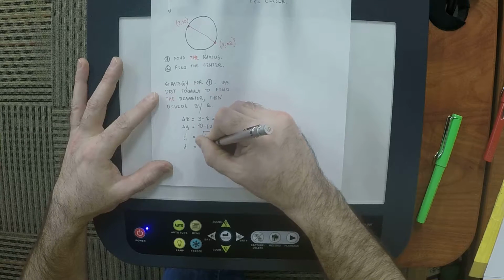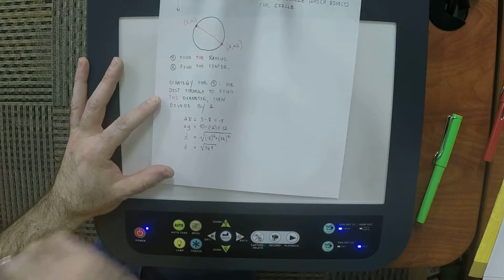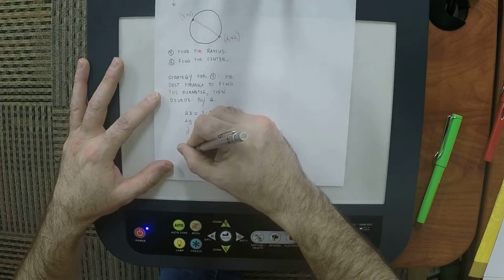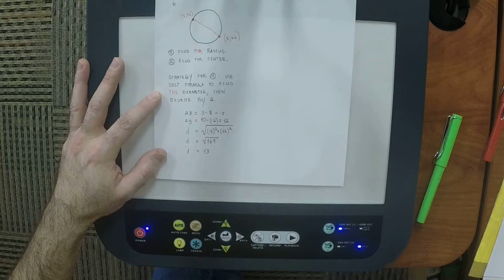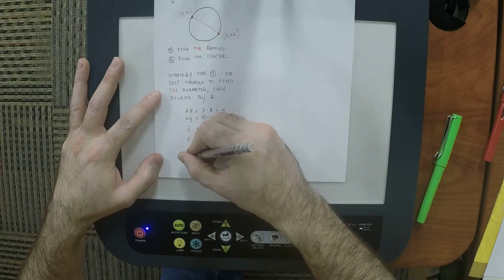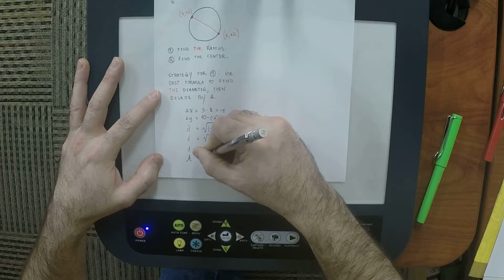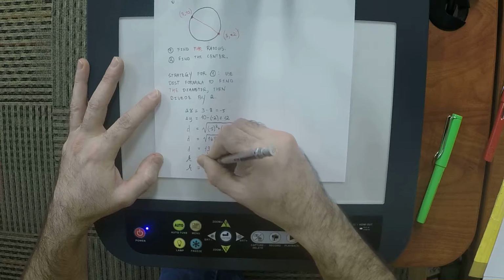I laugh because it's a complete accident that it happens to be a perfect square. The square root of 169 is 13. Okay, so is that the answer? No, because that's the diameter. We're looking for the radius. So the radius, of course, is half the diameter. So the radius is 6.5.